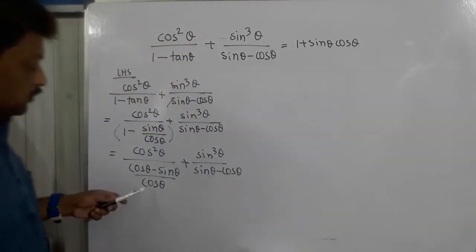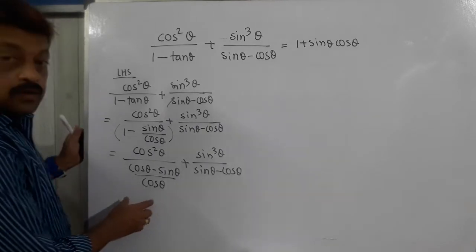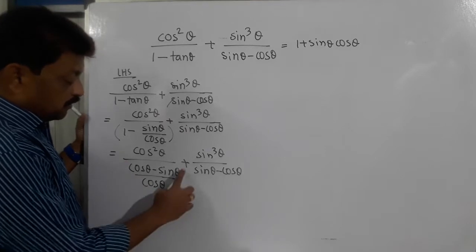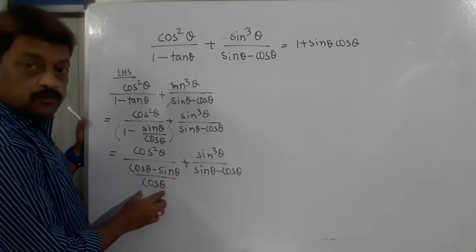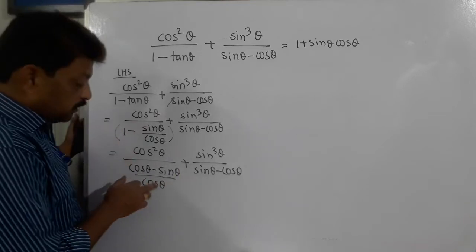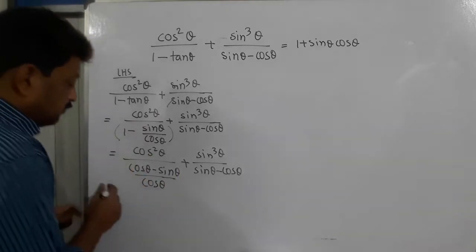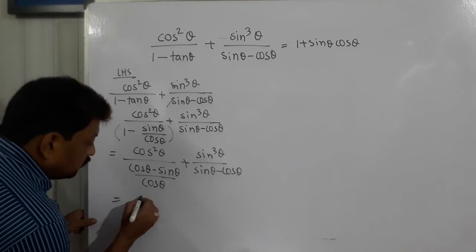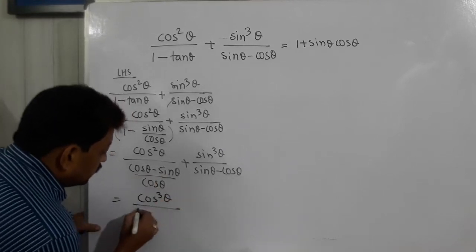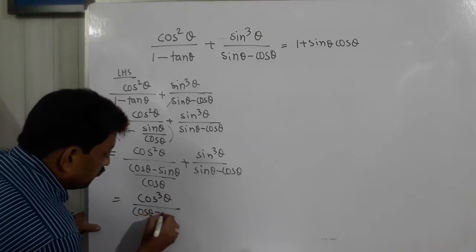Now this cos theta is the denominator of the denominator. The denominator is cos theta minus sin theta upon cos theta. So this cos theta will go to the numerator and be multiplied with the numerator. That means cos square theta will become cos cube theta over cos theta minus sin theta.